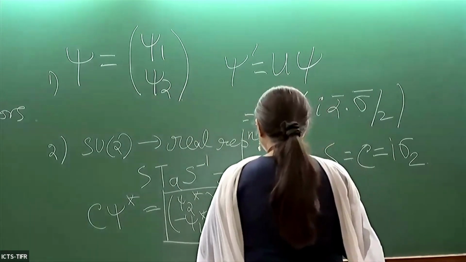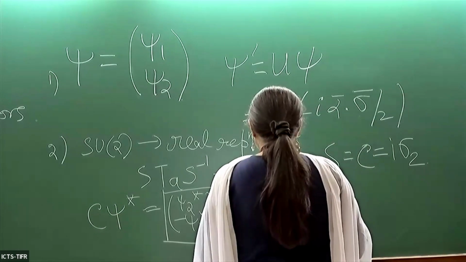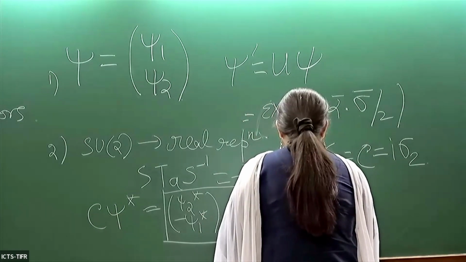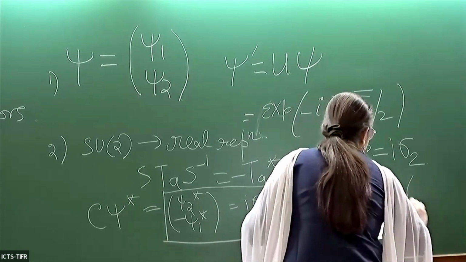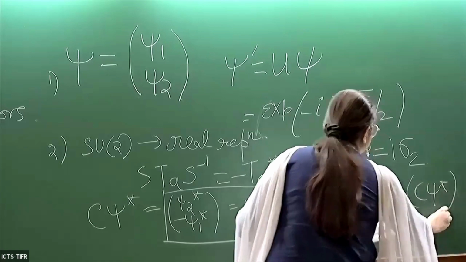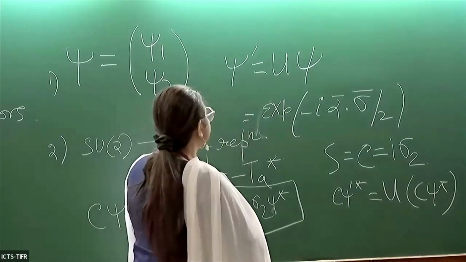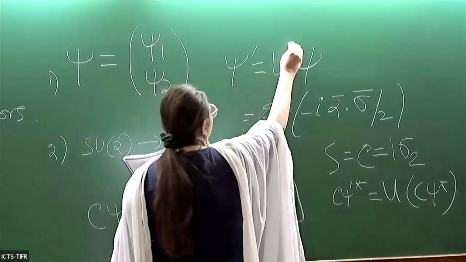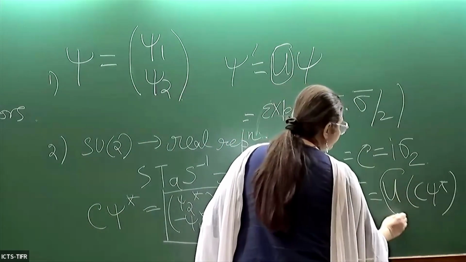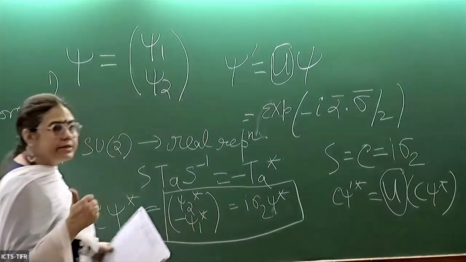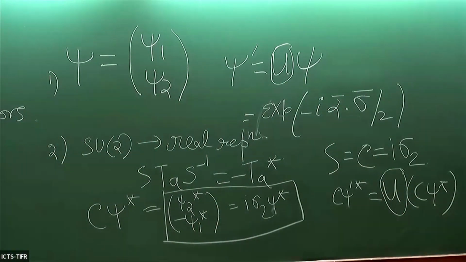So what we can say is that if I consider C psi prime star, that will also transform as U. Meaning my psi transforms as U, and then C psi prime star also transforms as U. So that is the similar transformation property: i sigma 2 psi star and psi transform in the same way.